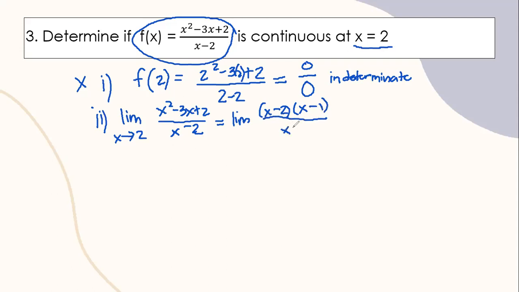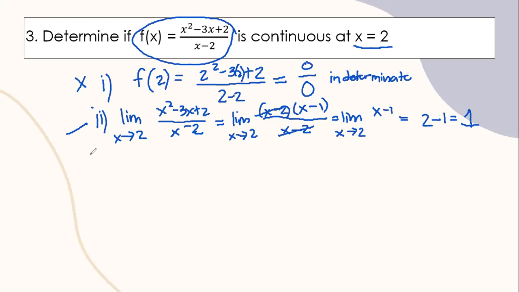Okay, so over x minus 2 as x approaches 2. So cancel out x minus 2. We will just evaluate the limit of x minus 1 as x approaches 2. Okay, so simply substitute 2 to x minus 1. So we get 2 minus 1. And for our final answer, so the limit is equal to 1. Okay, so meron tayong nakuhang limit which is 1. Pero dun sa unang condition, indeterminate.